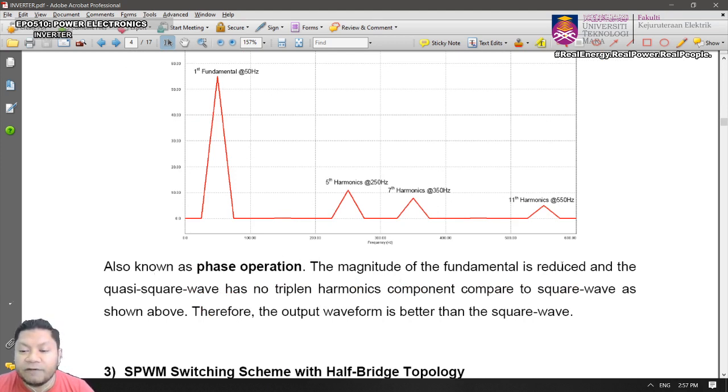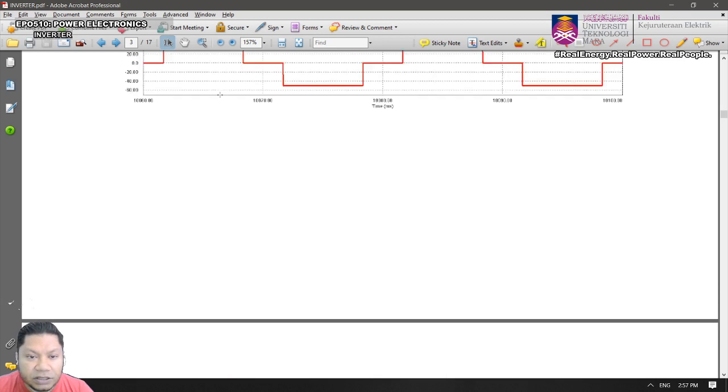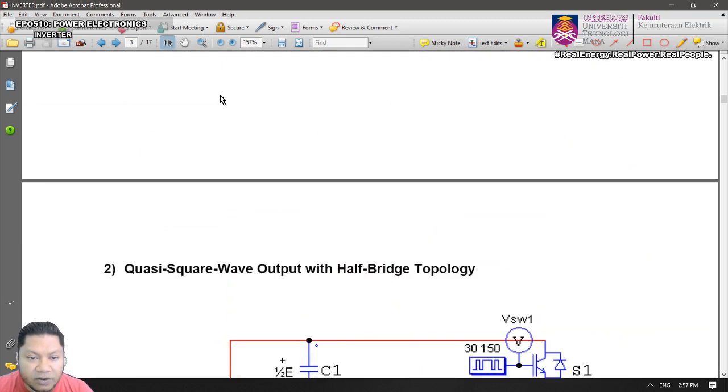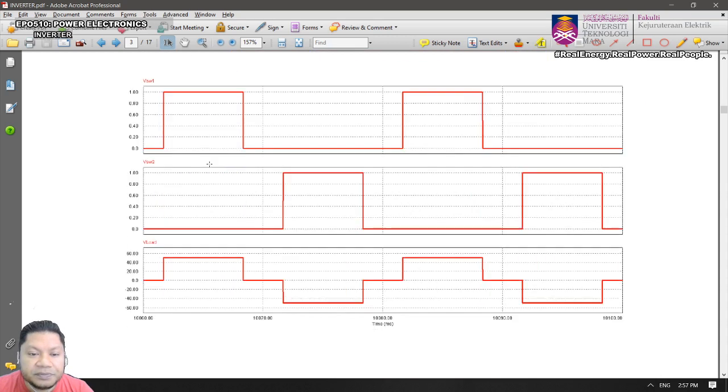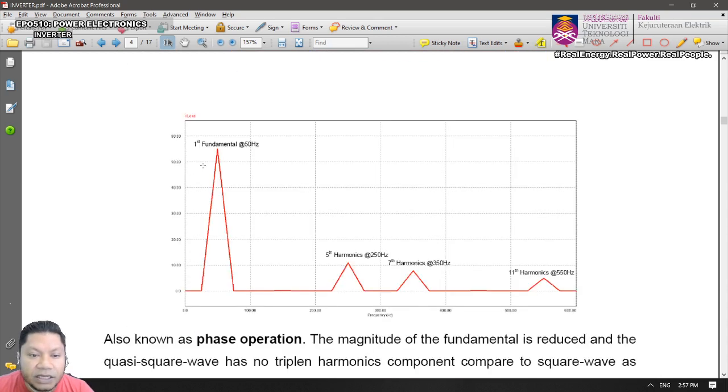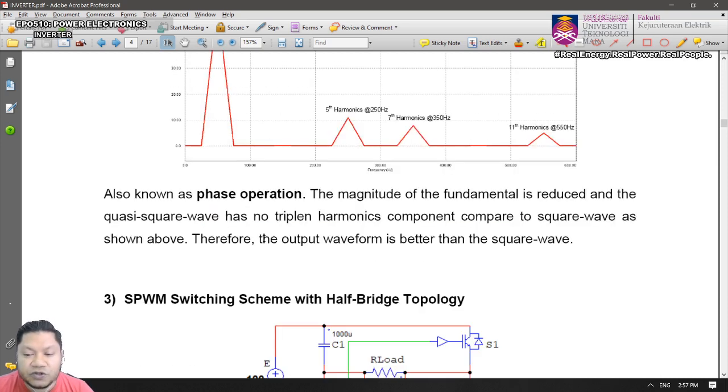The magnitude of the fundamental is reduced. Okay, however, if you look at the fundamental, it is reduced compared to the voltage waveform just now, the square wave, isn't it? For the square wave here it is 60 plus, 60 something, and for the quasi, the amplitude doesn't reach 60 volts, and the fundamental is reduced.